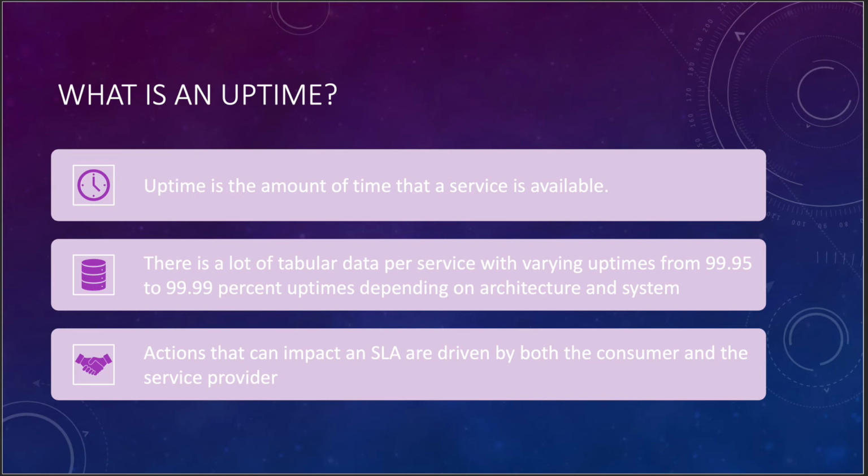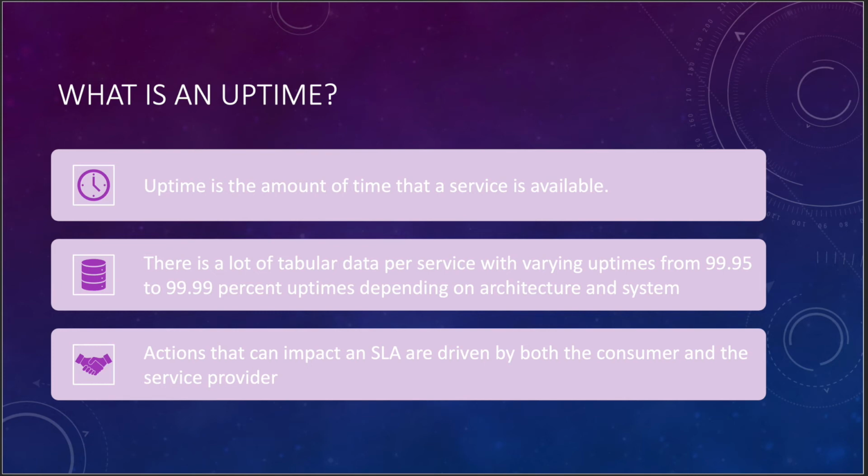But the big core here is that you're going to see varying uptimes from anywhere from 99.95 to 99.99%. And a lot of that depends on the architecture and the system that you're working with. So a lot of this relies on you and how you built it and what Microsoft actually offers in terms of a service, depending on what your architecture is. And we'll talk about that here in a minute.